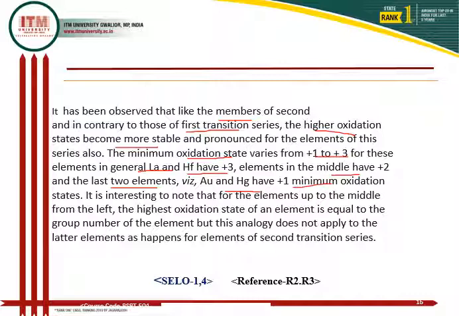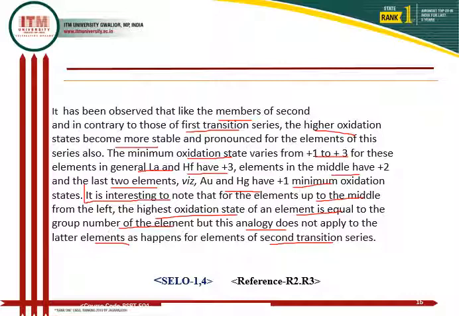So if we see this interesting behavior of all the elements, from left to the middle of the series the highest oxidation state is equal to the group number, but this behavior does not apply to the later elements after the middle, as in the second transition series.